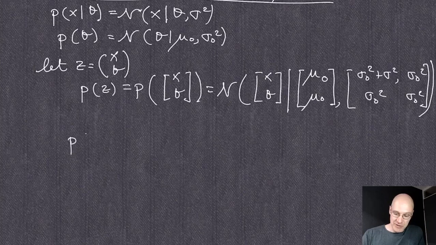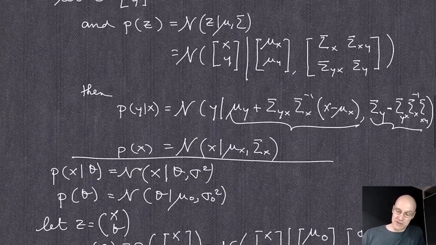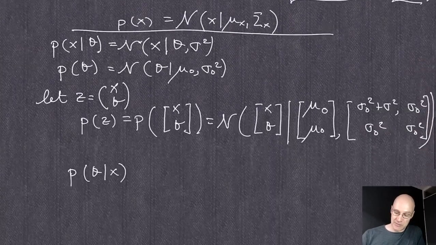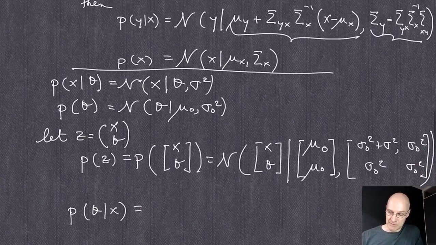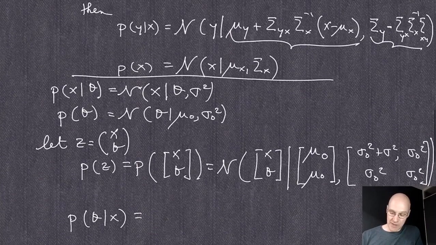The posterior for theta given x is straightforward with this formula, right? I just have to apply the formula for the conditional distribution of theta given x. I can immediately fill it in, and I'm going to get a Gaussian.